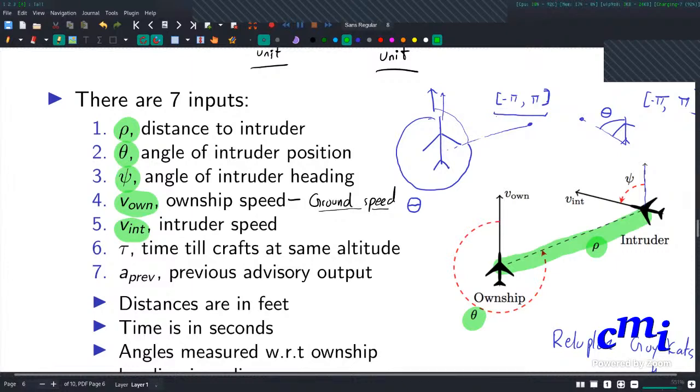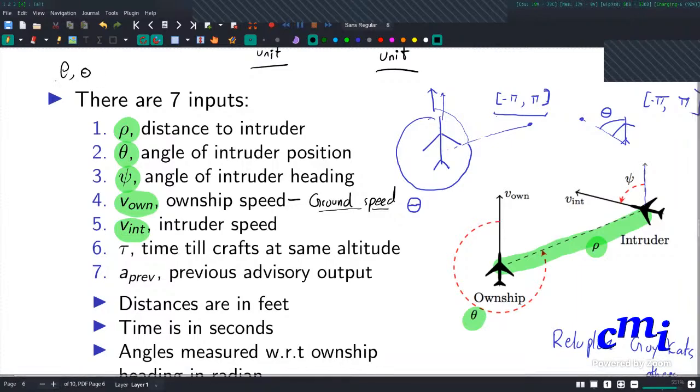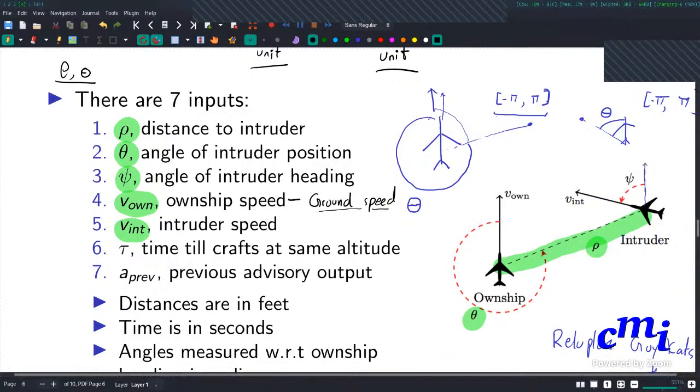Okay. So these first 5 things essentially give you your speed, the information about the intruder's velocity, and the information about the intruder's relative position to you, right? So in 5 inputs, we are covering all of those things. Because if you consider rho and theta, this will give you the intruder's position with respect to you.